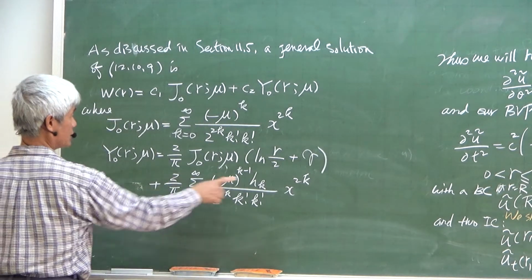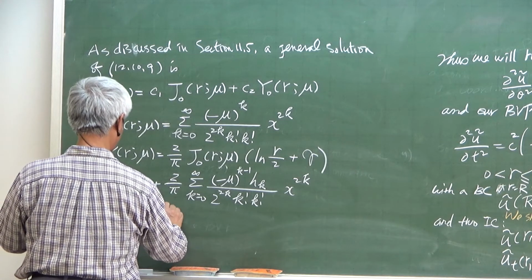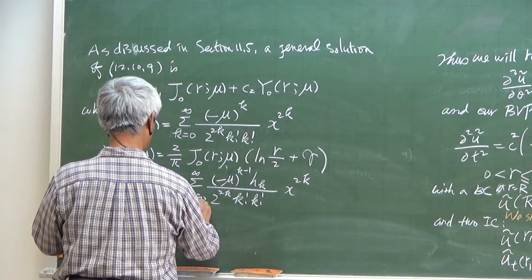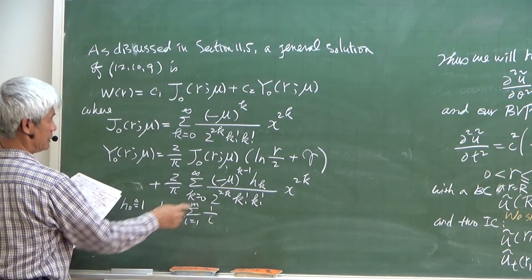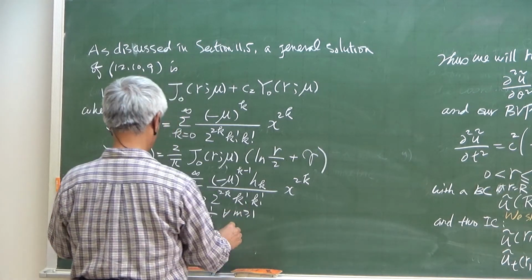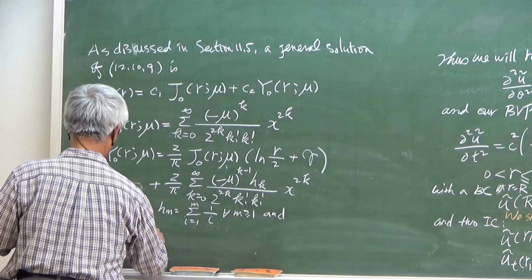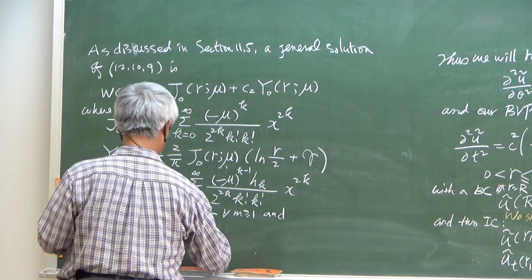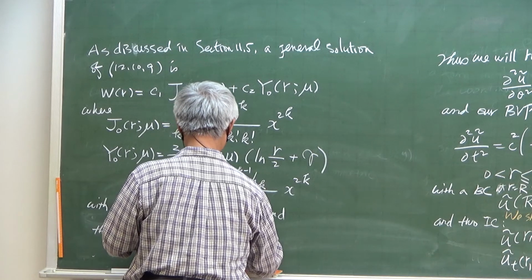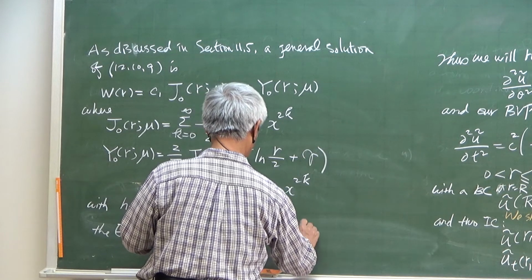Now I will define what h is. H0 is defined to be 1, and h_m is the partial sum of the harmonic series, the sum of 1 over i, from i equal to 1 to m. And our constant gamma is defined to be the limit as m goes to infinity of h_m minus the logarithm of m.